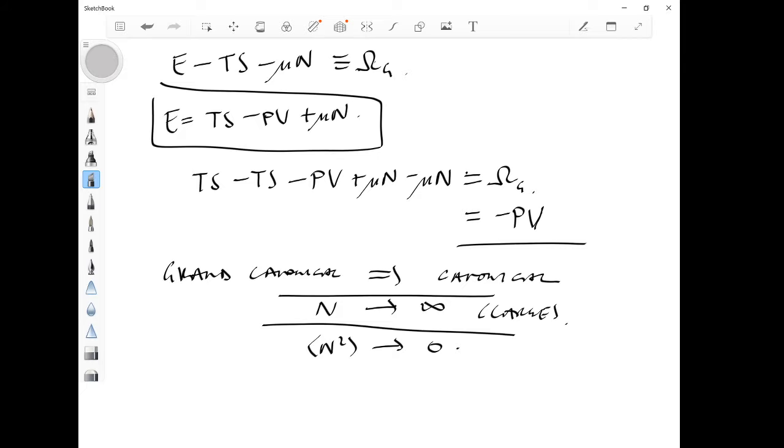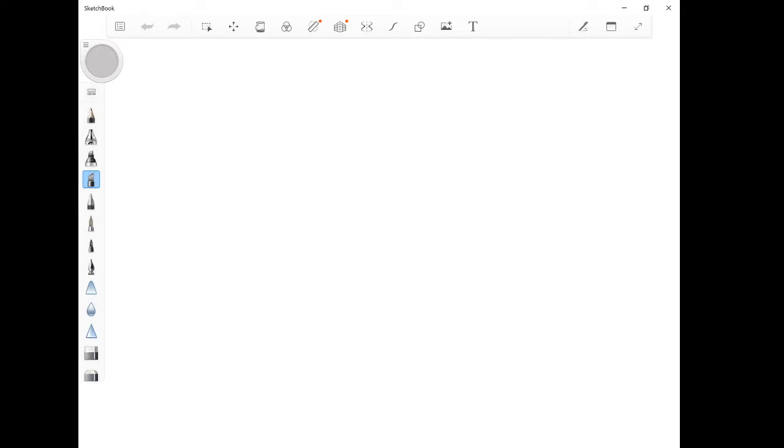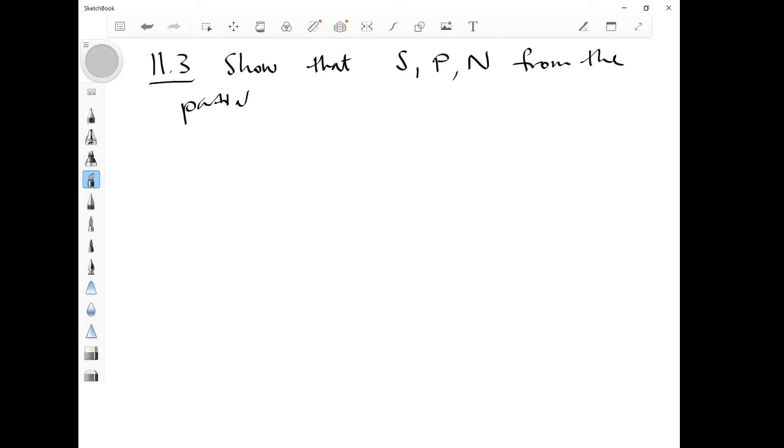Cool. All right, so let's now move on to 11.3, which is show that you can derive S, P, and N from the partials of omega g.